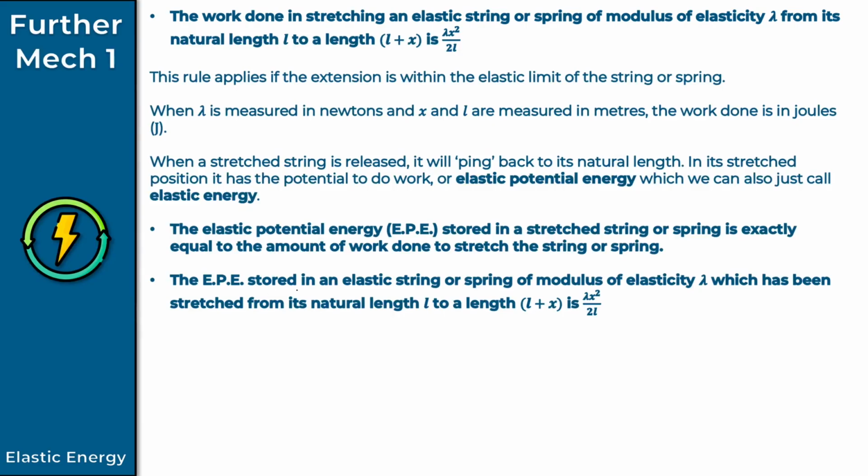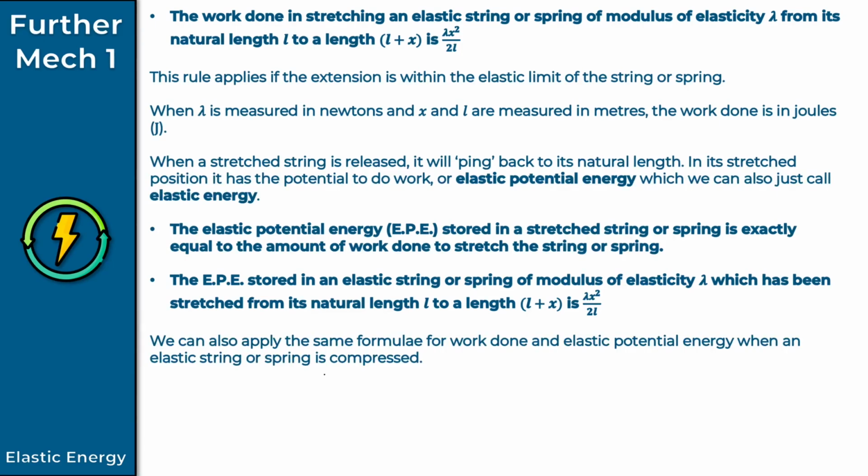The EPE stored in an elastic string or spring of modulus of elasticity lambda, which has been stretched from its natural length L to a new length, let's say L plus x, is given as lambda times x squared all over 2L. This is the exact same result as the one we derived on the previous page.